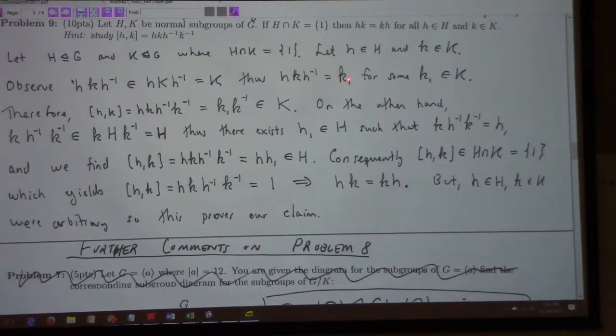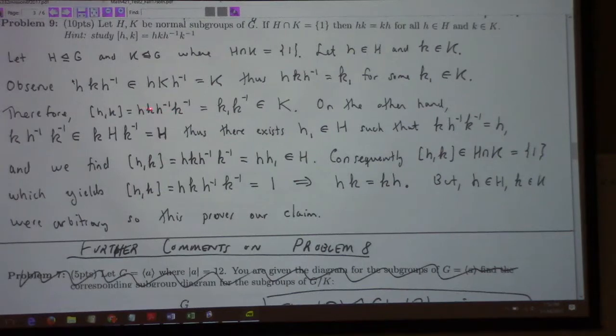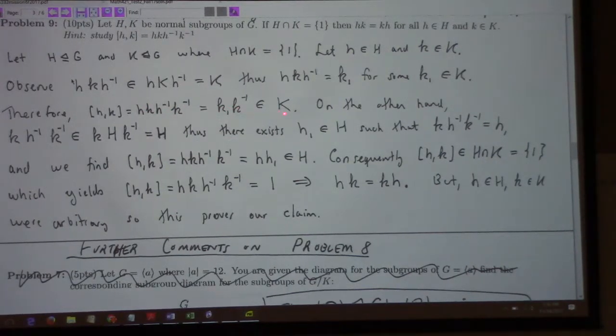So this is equal to K1 by normality of K. In other words, the commutator of H and K is actually K1 times K, so that's in K again. But on the other hand, by the normality of H, we have that KH inverse K inverse is in H, which means there exists an H1 such that, right?